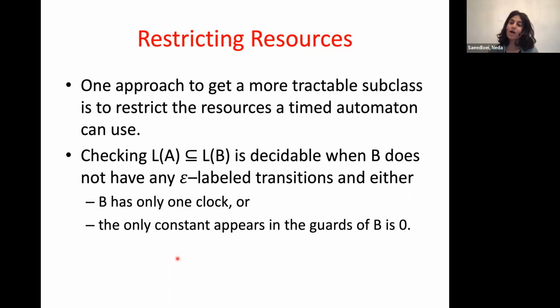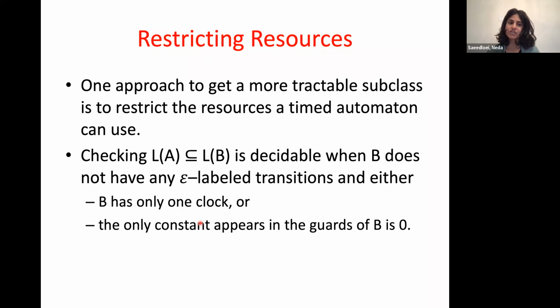And there are some other ways to essentially control the resources of a timed automata. What are the resources of timed automata? The most important resources are the clocks of a timed automata and the maximum constant that appears in the guards or invariants of timed automata.